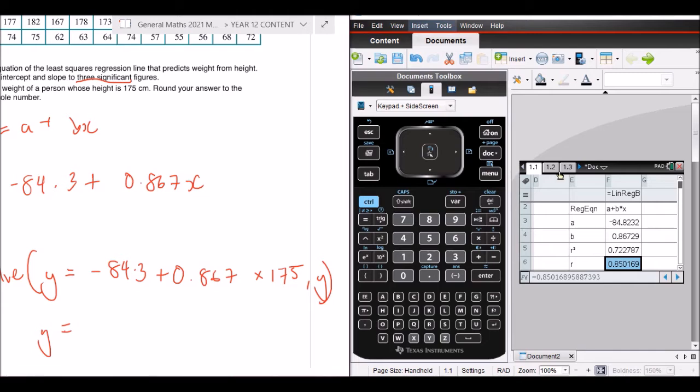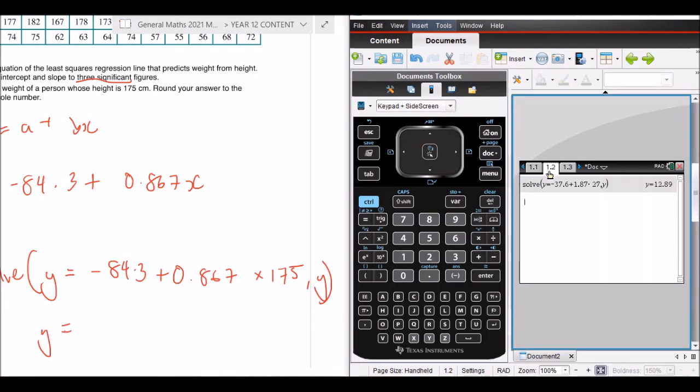So put it on our calculator: solve y equals negative 84.3 plus 0.867 multiplied by 175, comma y, equals 67.425.